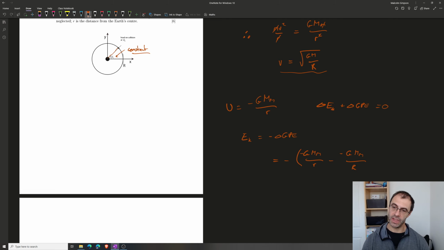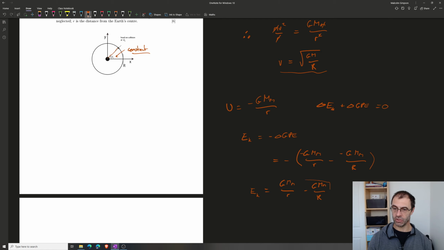That is therefore equal to GMm over R minus GMm over r. So that's the expression for the kinetic energy. We've only got to give a sketch of it.